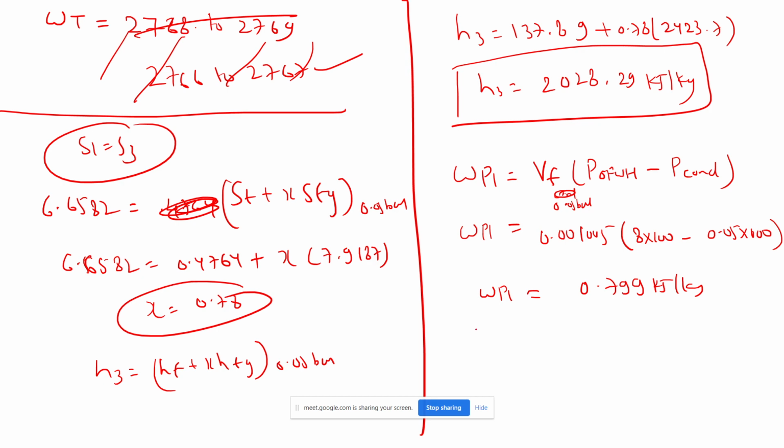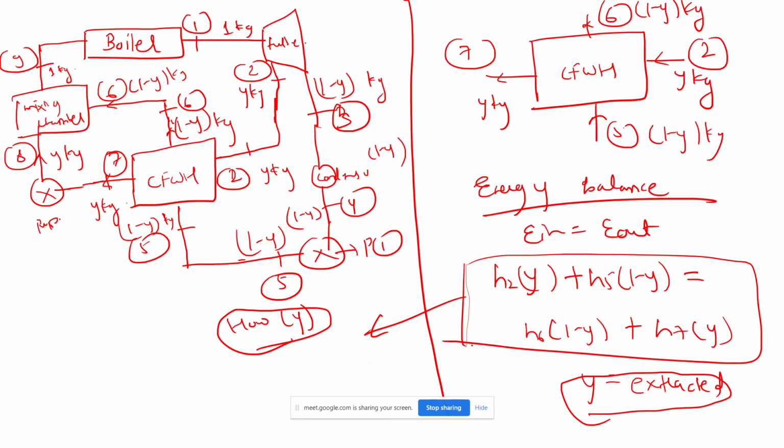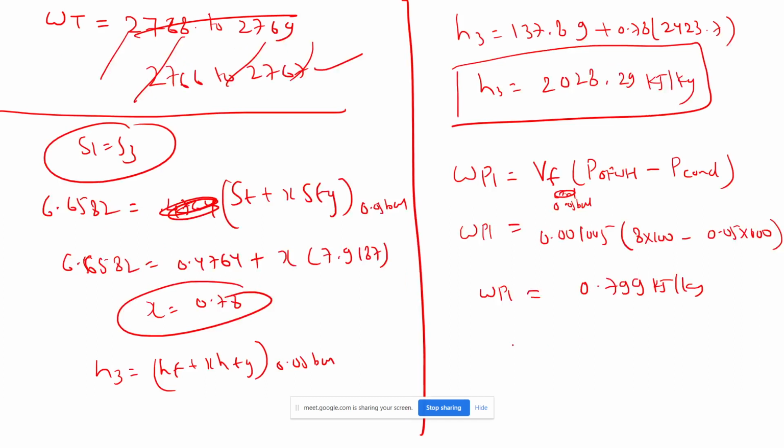So pump work 1 is H5 minus H4. H4 we directly know, and we can take 0.8 also if you want. H4 will be HF at 0.05 bar pressure, so it is 137.89 plus 0.8.